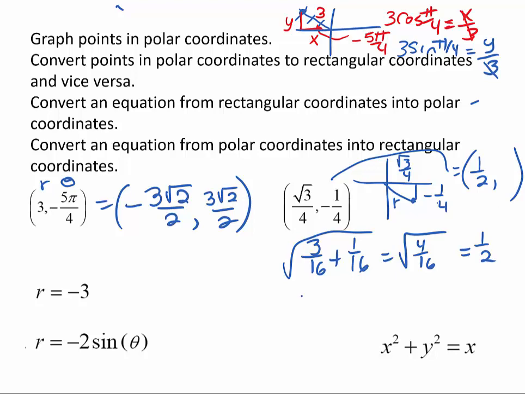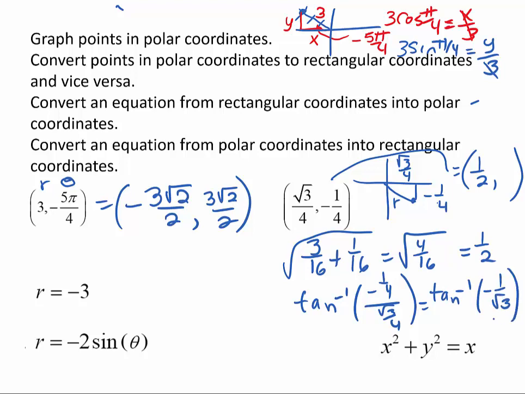Now I need to come up with an angle, and I'm going to get that from doing inverse tangent. So it's going to be tan inverse of negative 1/4 over square root of 3/4. And we can flip that over and simplify it. So it's going to be tan inverse of negative 1 over square root 3. Oh, well, wait a minute.